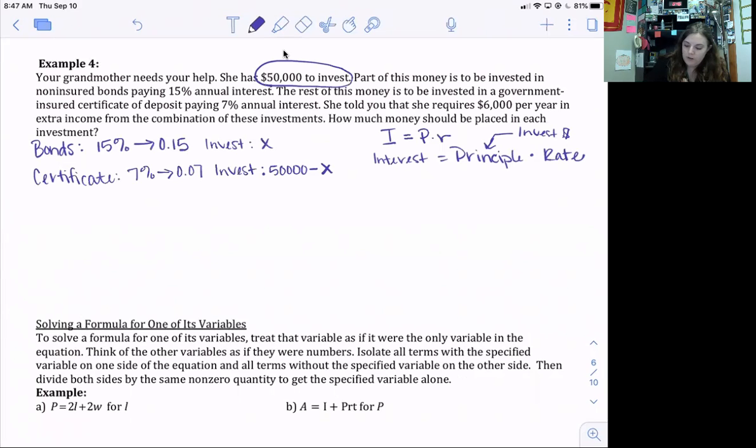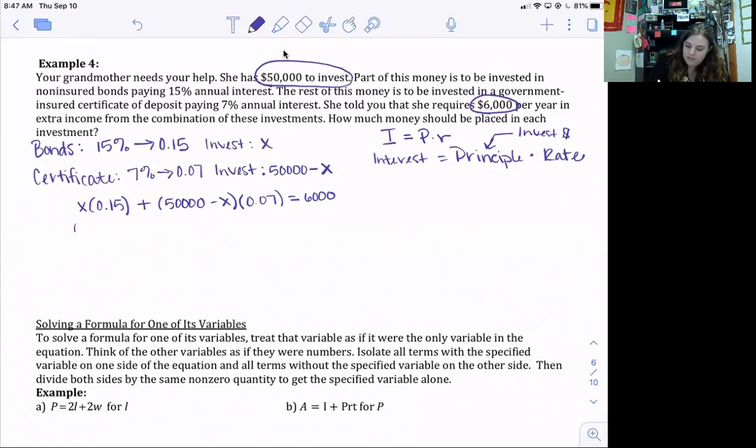So if we look at our first one, our bonds, our principal is X times the 0.15 rate plus our certificate, our investment was 50,000 minus X times the 0.07 rate. And now we want to go back and look, how much money did she want to earn? She wanted to earn $6,000 per year. So it equals 6,000.